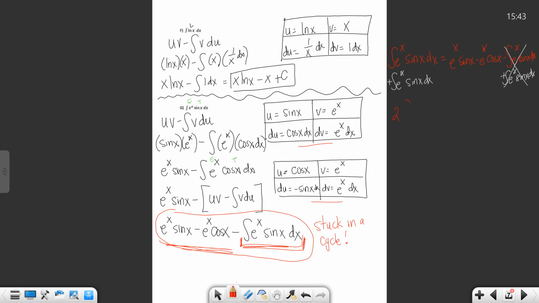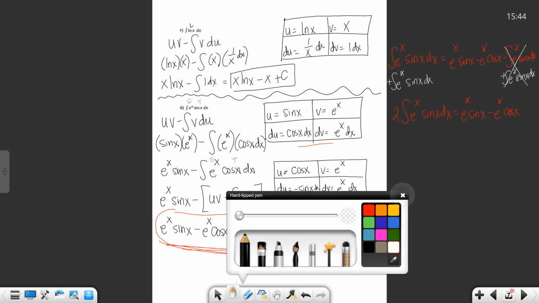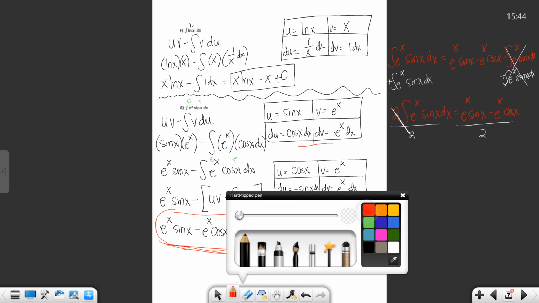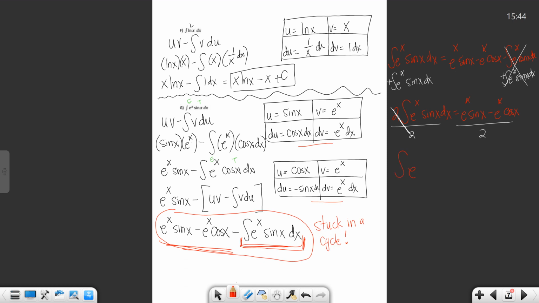So now we've got 2 of these integrals, and it equals e to the x sine x minus e to the x cosine x. Okay, and then remember we're just trying to solve for the integral of e to the x sine x. So now what we can do to get that by itself is we can divide both sides by 2 to cancel that off. And now we have an expression for that integral that doesn't involve any other integrals.